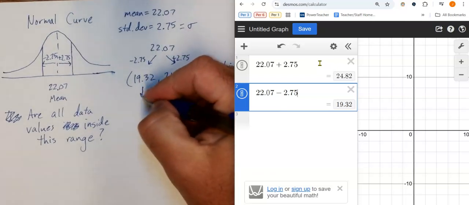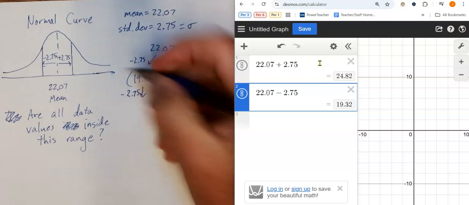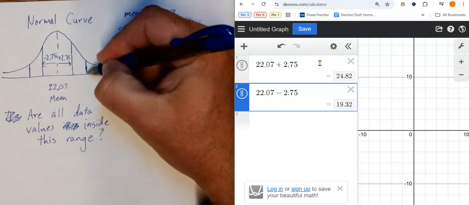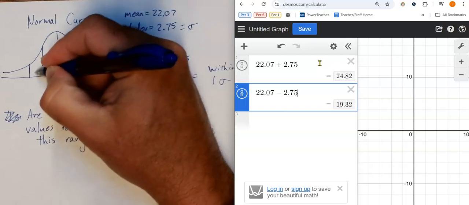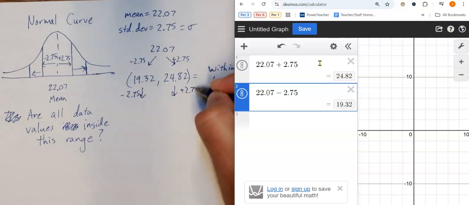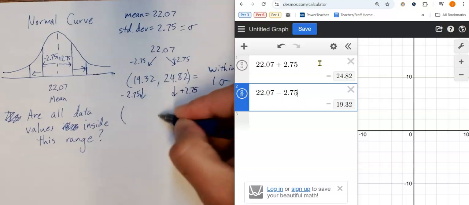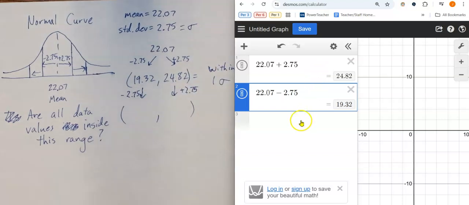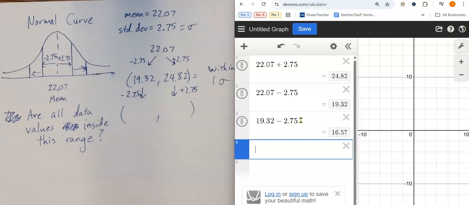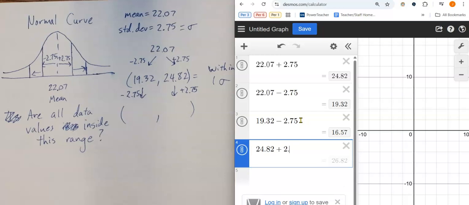So now we're going to subtract 2.75 again, which means that we're going down 1 more. We're also going to be going up 1 more. So, we'll just take these values and repeat the process. 19.32 minus $2.75, 24.82 plus $2.75.